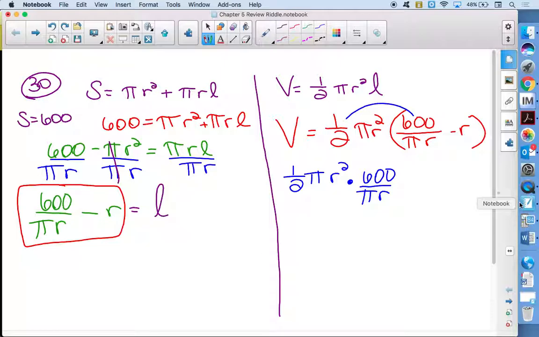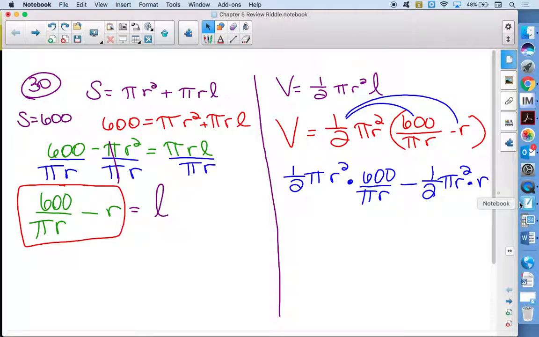And then we're taking that same piece, there's a minus sign, so I'm going to pull a minus sign down, 1/2 pi r squared, and then that second part is just a times r. So when you're using the distributive property, you're taking the outside number, multiplying it by the inside number, taking the outside number, multiplying it by the inside number. We just happen to have a 1/2 a pi and a r squared on the outside.